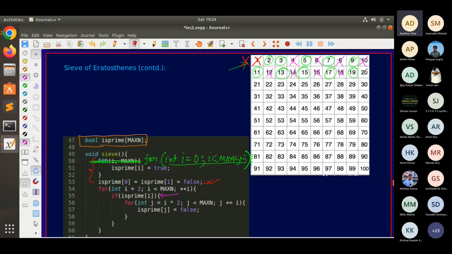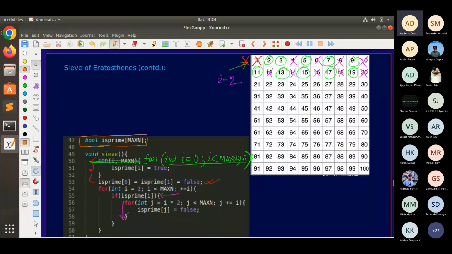So up to this, it's clear, right? Yes. So this part for 2 is done. Now you come in with I equal to 3. You see that it's marked as a prime. It's encircled with a green circle.